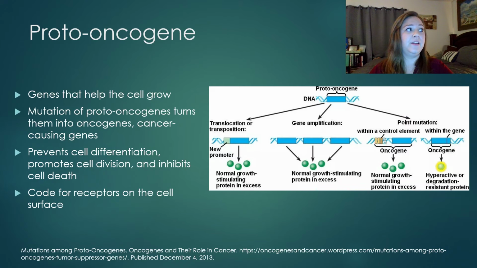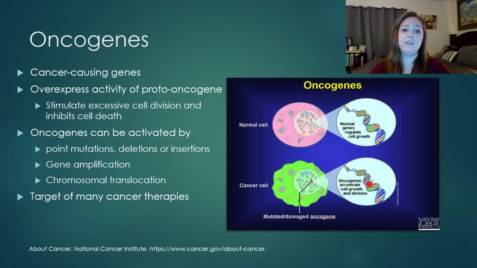Next, we're going to look more into oncogenes, which are the aforementioned cancer-causing genes. Oncogenes overexpress the proto-oncogene activity, which is exactly what they want, because oncogenes stimulate that excessive cell division and inhibit cell death, prolonging the malignant cell.